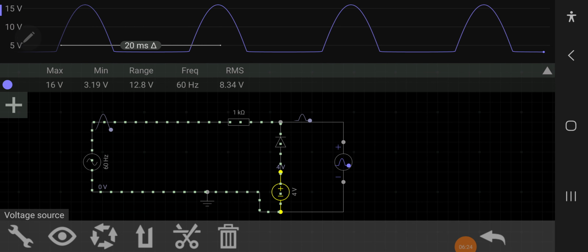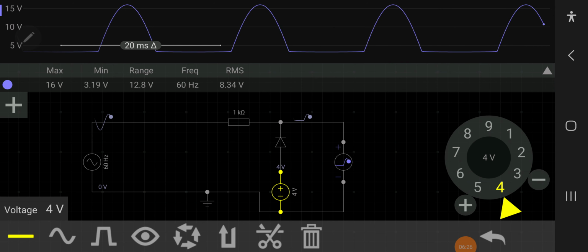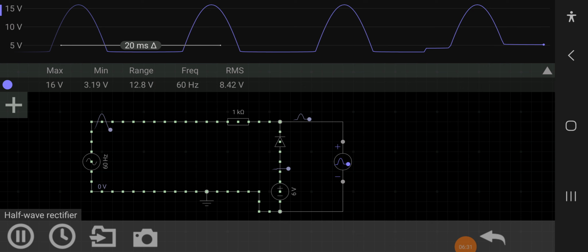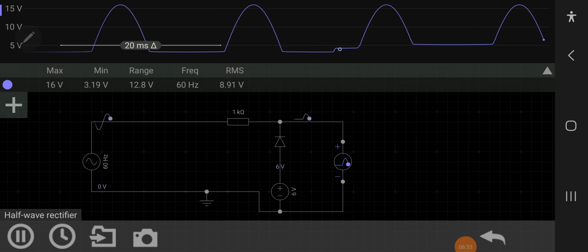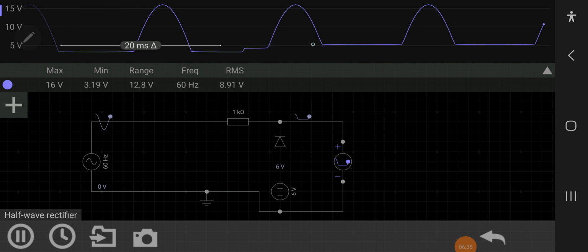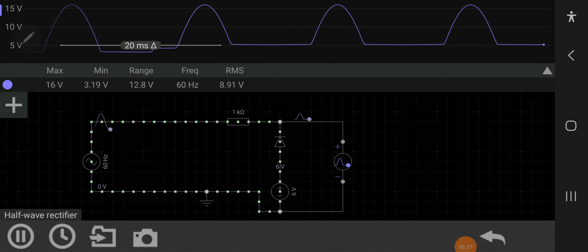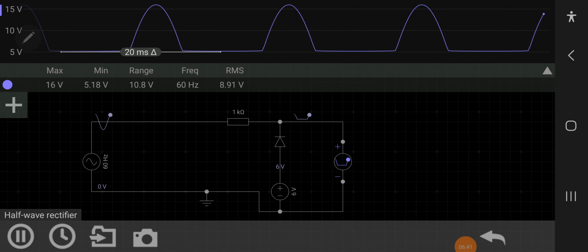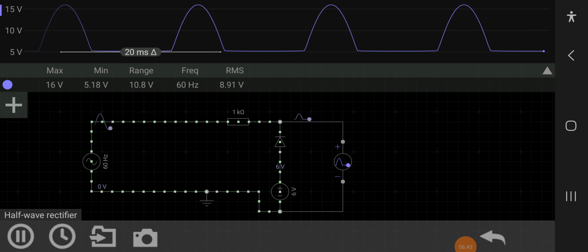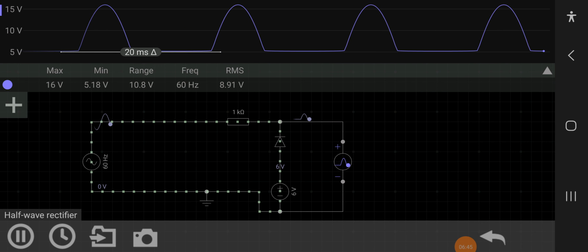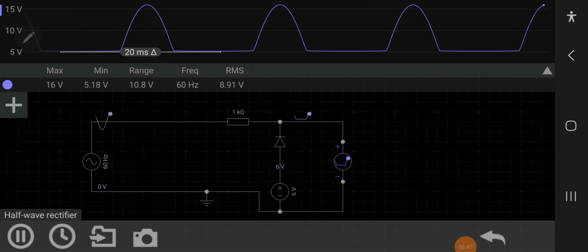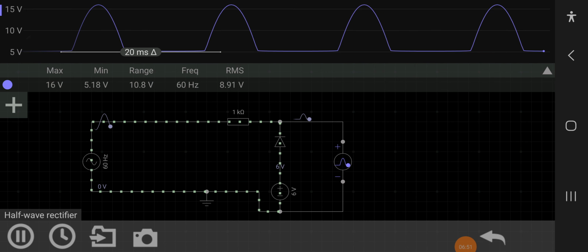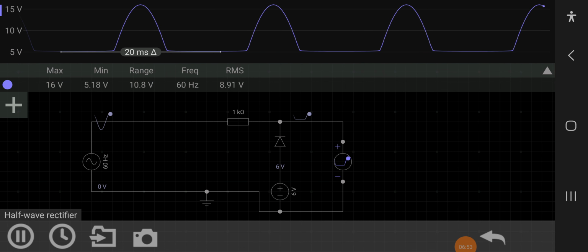So let's change this value to 6 volt. What happened? The constant value here is increased to 6 volt. For the negative pulse we are taking a constant of 6 volt, and for the positive pulse we are taking a complete 16 volt.